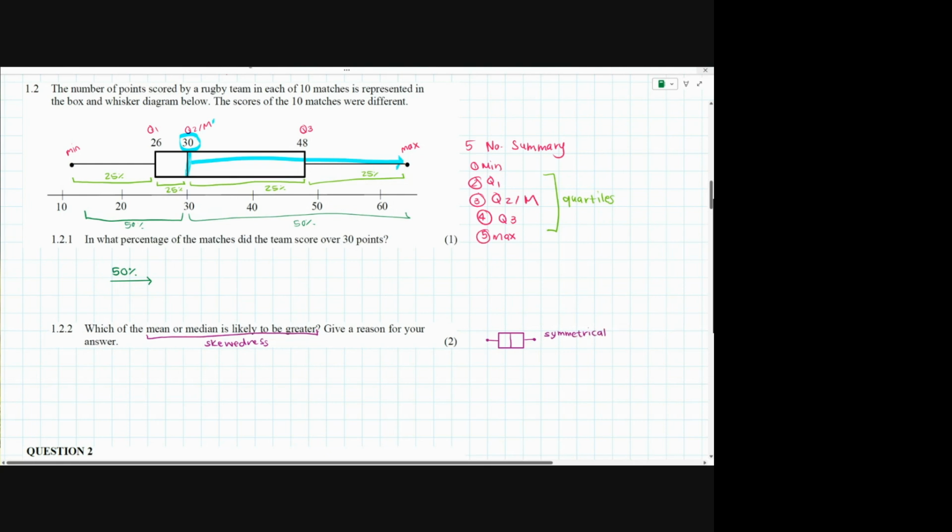When your data set is symmetrical, essentially what that's saying is that each quartile contains an even spread of the same number of data points. And so what this indicates to us is that our mean is equal to our median. There is no outlier, no smaller or bigger value pulling one bigger than the other. It's symmetrical. Our mean is equal to our median.